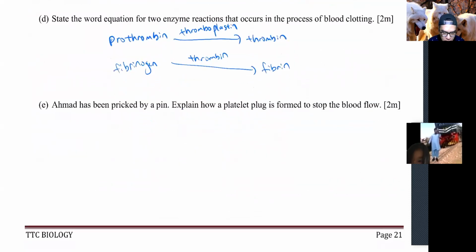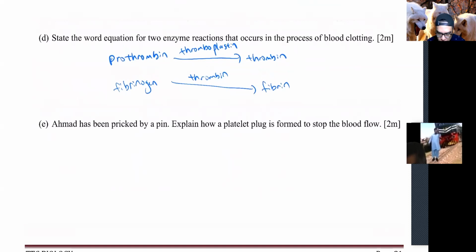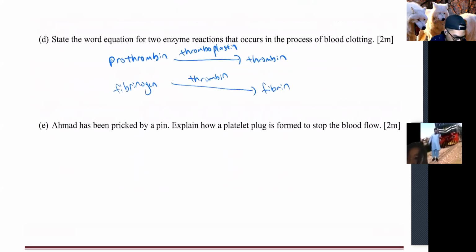So E, Ahmad has been pricked by a pin. Explain how a platelet plug is formed to stop the blood flow. So they only want the plug here. If they are asking for the plug, you don't need to tell me about the fibrin, because that is the mesh. They only want the plug, only for small bleeding.